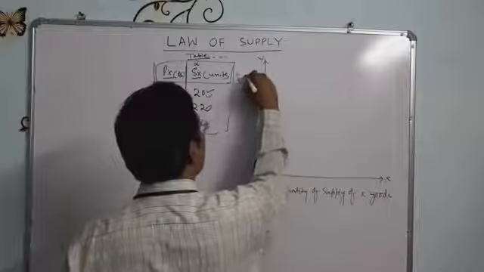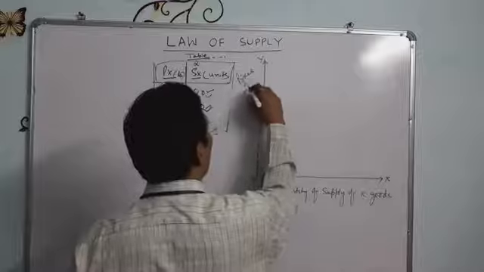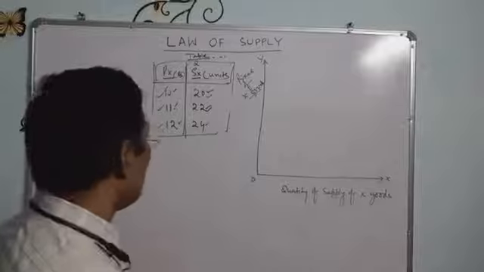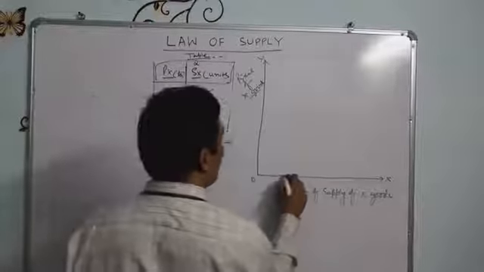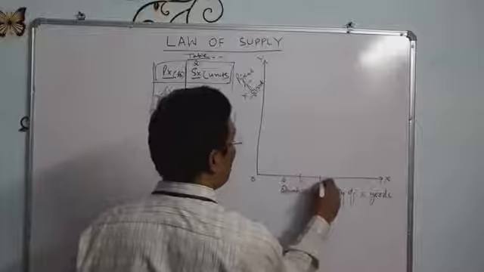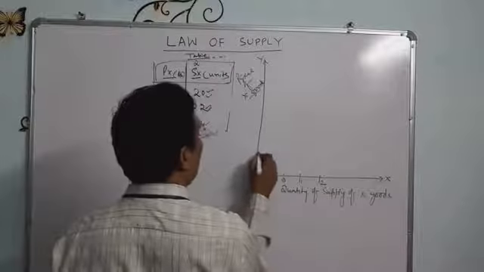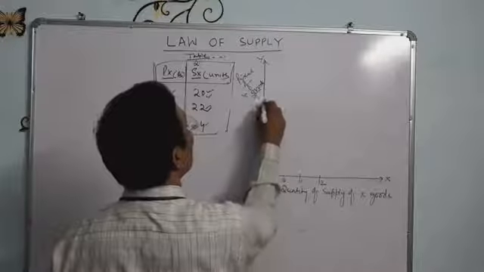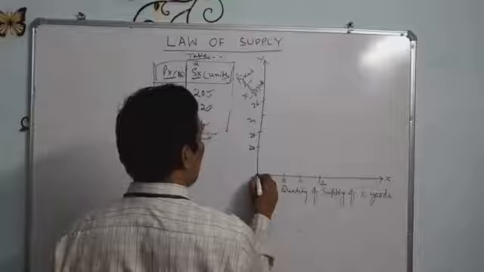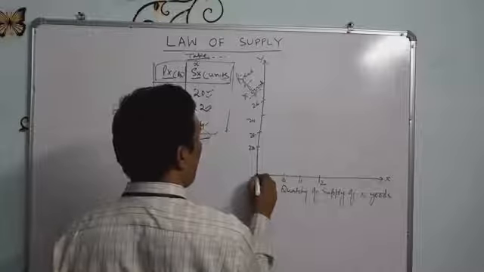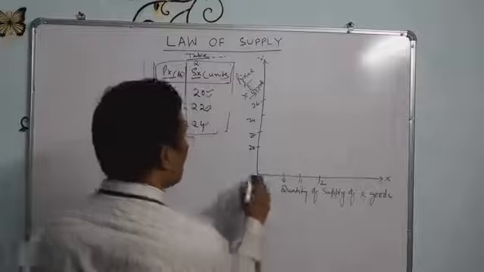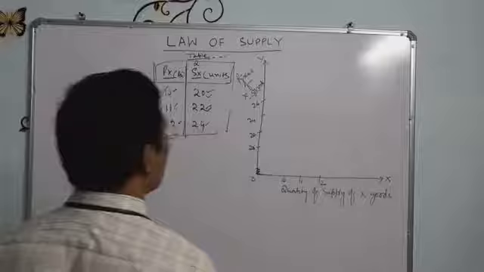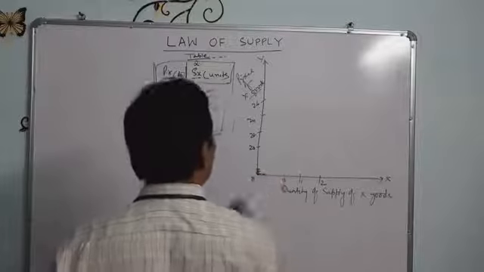On the Y-axis, price of X goods. Here the prices are 10, 11, 12, and here the quantities are 20, 22, 24, 26. This may be drawn like this, or here you will know in statistics if it is not equal.